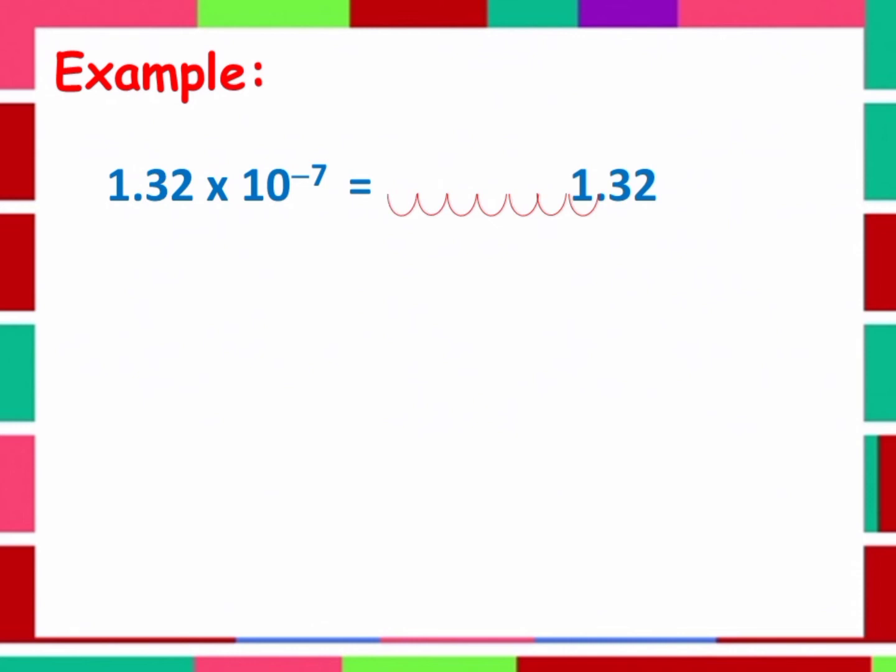Then add zeros to the missing place value. And the decimal point is found in the stopping point. Kung saan tumigil yung movement natin, doon magkakaroon ng decimal point. Therefore, this will be our answer.